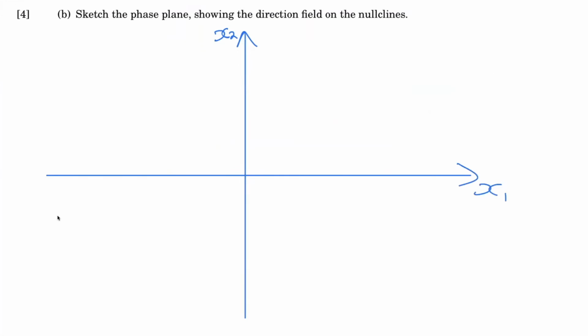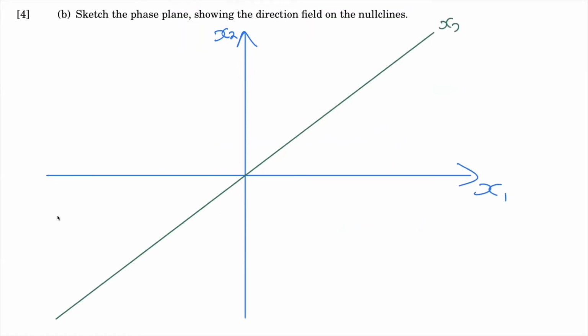We're told that we have a null line x1 is equal to x2, which looks something like this. So my line x2 is equal to x1. We know on this one from the previous section that dx2/dt is equal to 0. So what does that mean? If dx2/dt is equal to 0, I must be moving left or right. So at this point, I'm just going to put some horizontal lines here to indicate that I'm moving left or right.